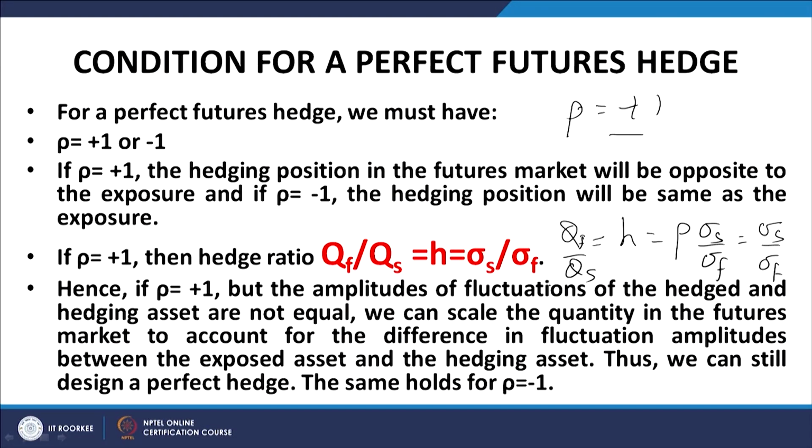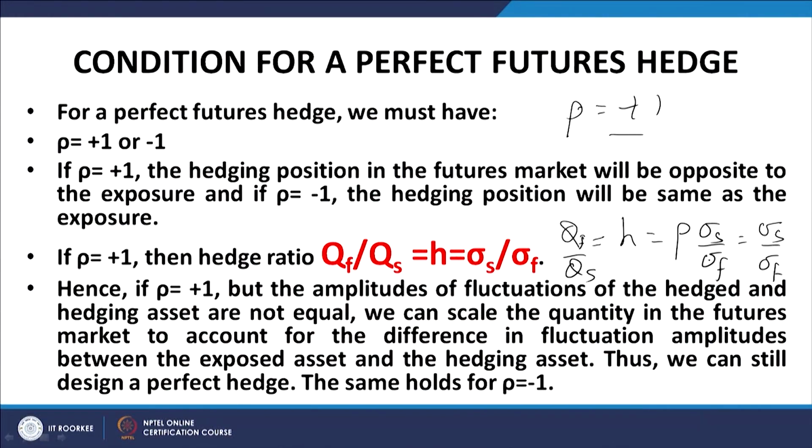The hedging should be such that Q f is given by sigma s into Q s divided by sigma f. In other words, if rho is equal to plus 1, we can still create a perfect hedge, notwithstanding the fact that sigma s and sigma f are different, by scaling the quantities of the exposure and the hedge accordingly.